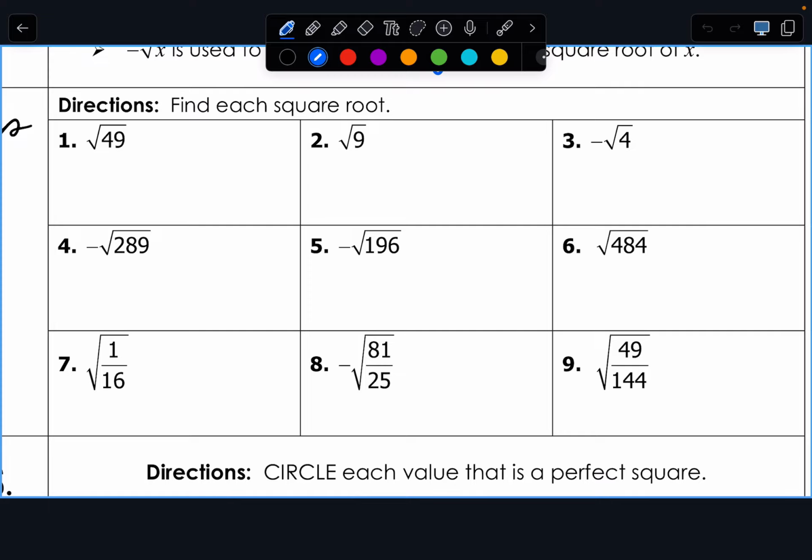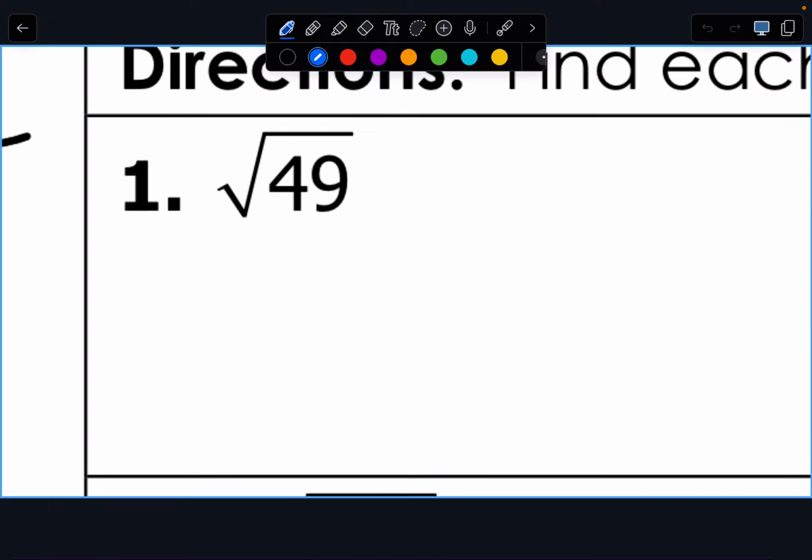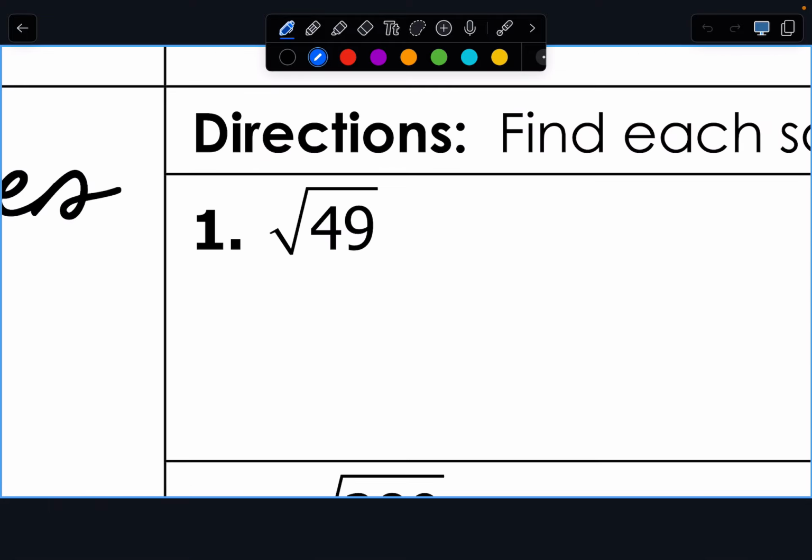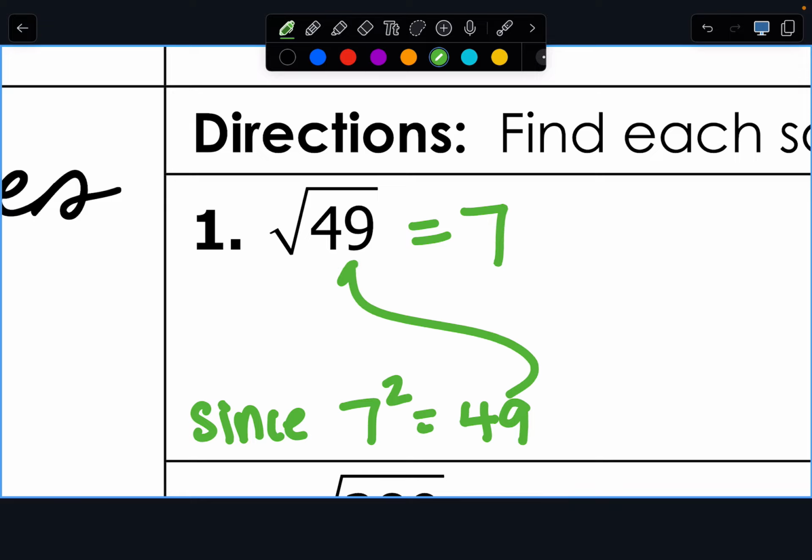So if I ask you for the square root of 49, I'm asking you, what squared is 49? Try not to look at the chart. Our answer would be 7. Since 7 squared is 49, then the square root of 49 is 7.